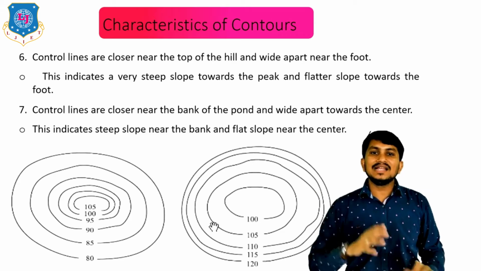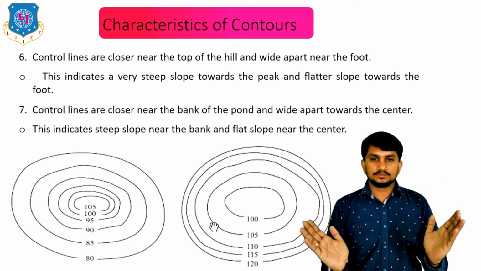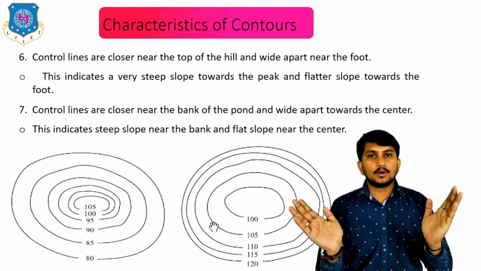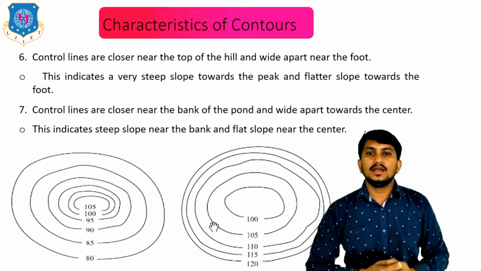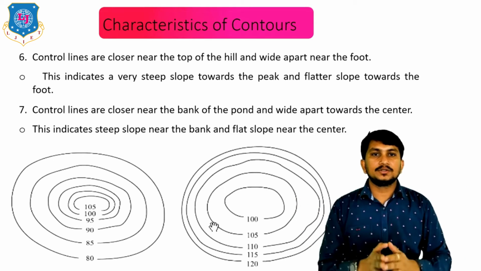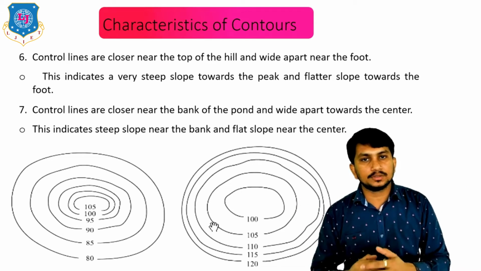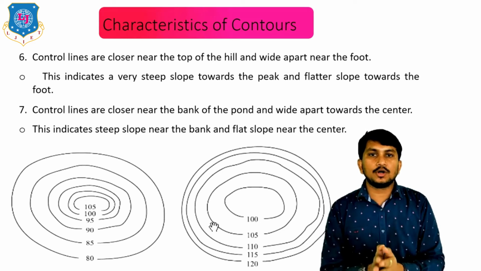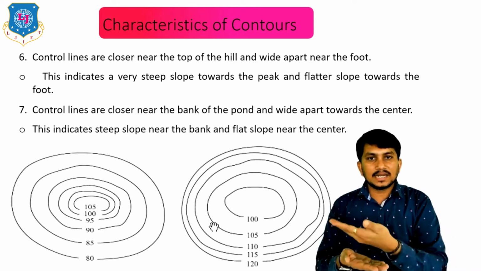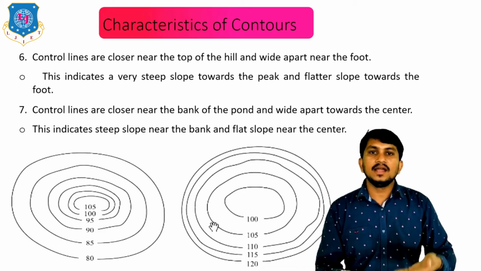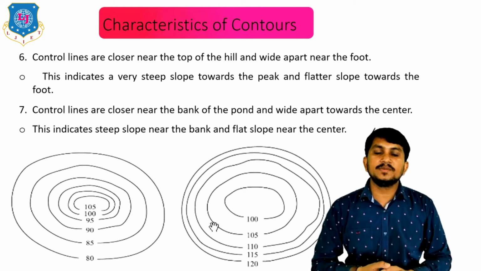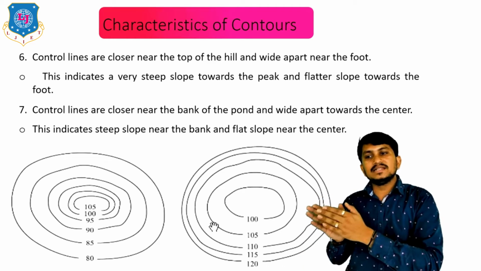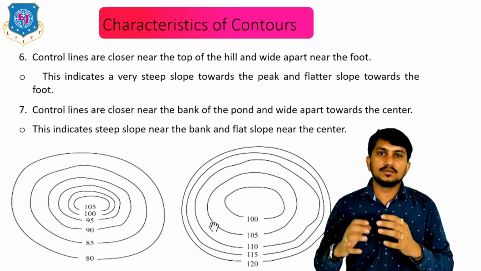Same way, contour lines are closer near the bank of the pond because the slope is steep there, and wide apart towards the center portion, because at the center the slope is gradual or flat, and at a flatter slope horizontal equivalent will be more.